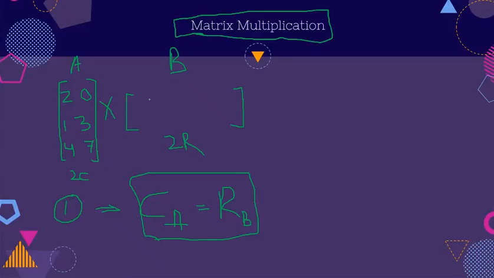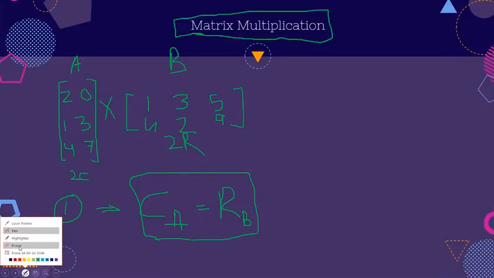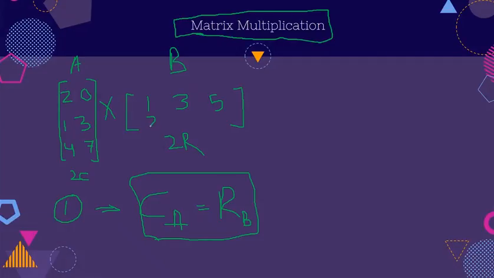I'll put random numbers 1, 3, 1, 3, 5, 4, 2, 9. Those two twos are very close, so I'll erase that and do it again. Better. Let's make it 2, 4, 9, so that those two twos don't come close to each other. Now we're supposed to multiply these matrices, right?